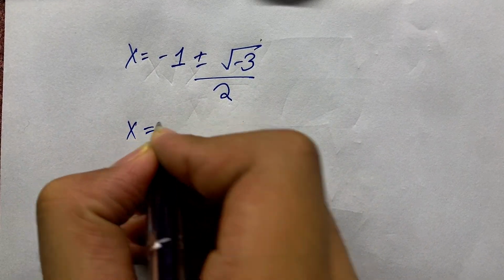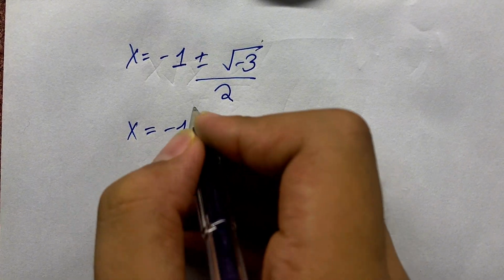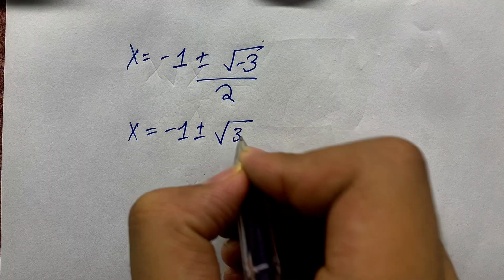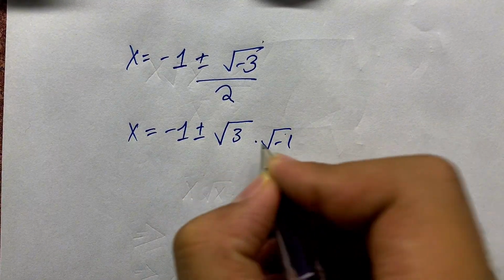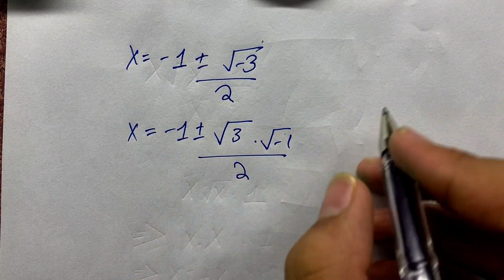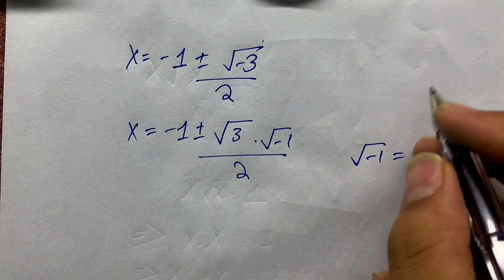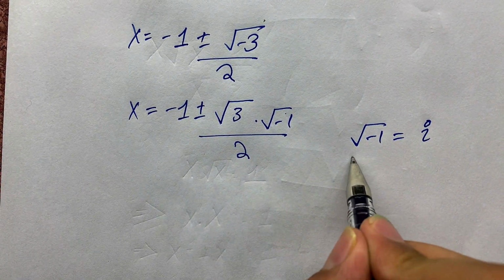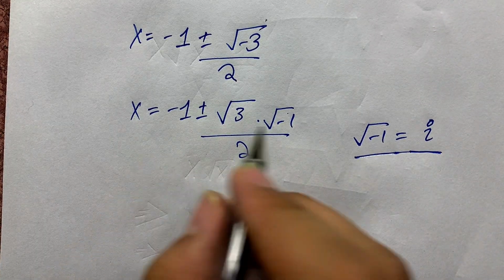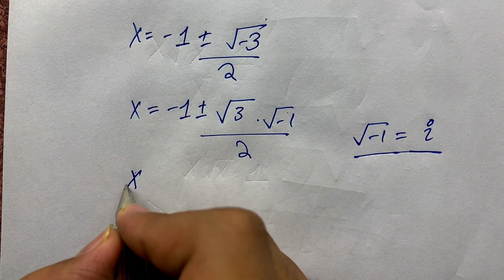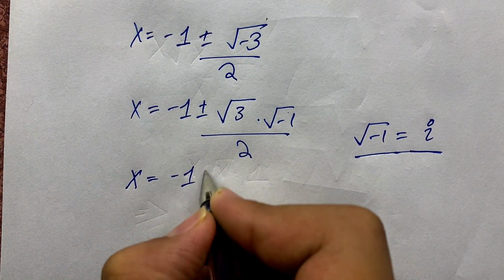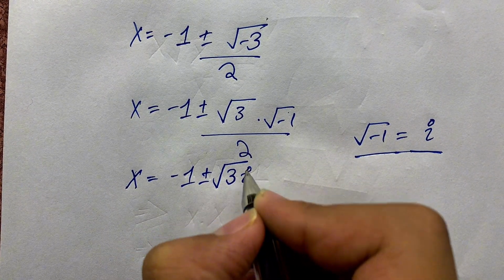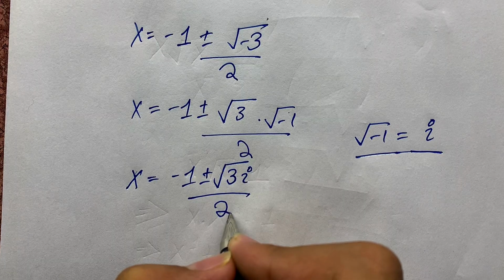Now x is equal to minus 1 plus minus under the root 3 into under root minus 1 divided by 2. Under the root of minus 1 is equal to iota. This step is very important. Now we replace it: x is equal to minus 1 plus minus under the root 3 into iota divided by 2.